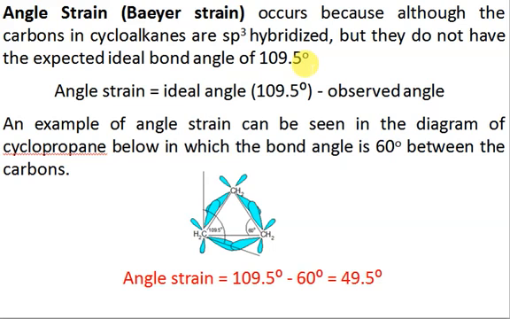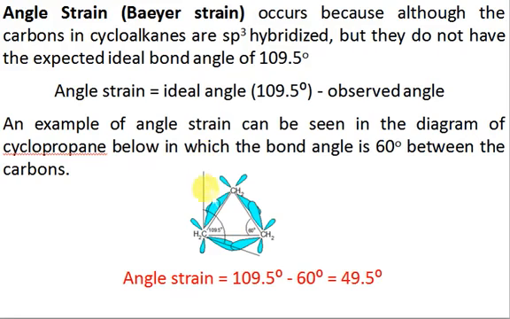Whenever there is a deviation from the ideal bond angle, you will get the angle strain, or the Bayer strain. To calculate the angle strain, the simple formula is to subtract the observed bond angle from the ideal angle. The ideal angle is 109.5 and the observed angle is whatever angle you have. For example, in cyclopropane the observed angle is 60 degrees.